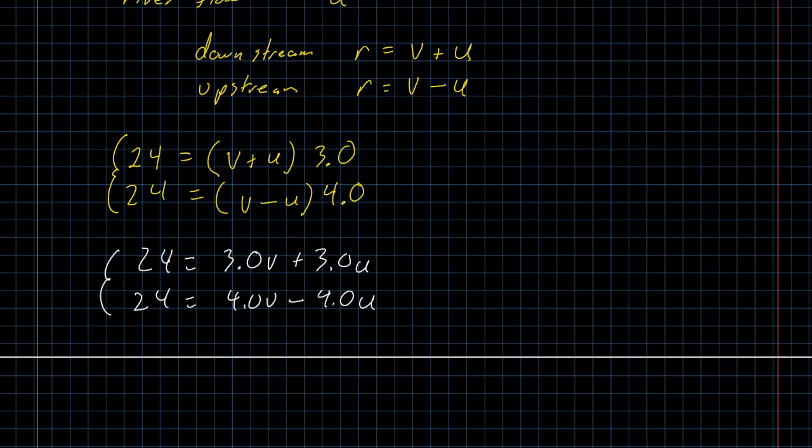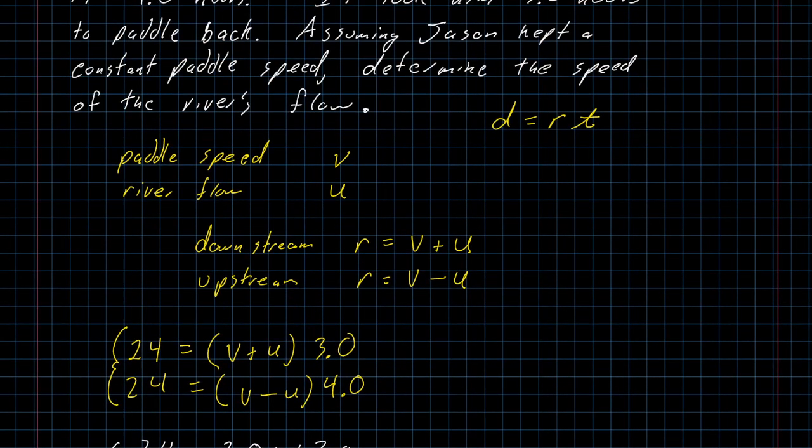We could either solve for the paddling speed, or we could solve for the flow rate, or even both. But we are specifically asked in this problem to determine the speed of the river's flow.